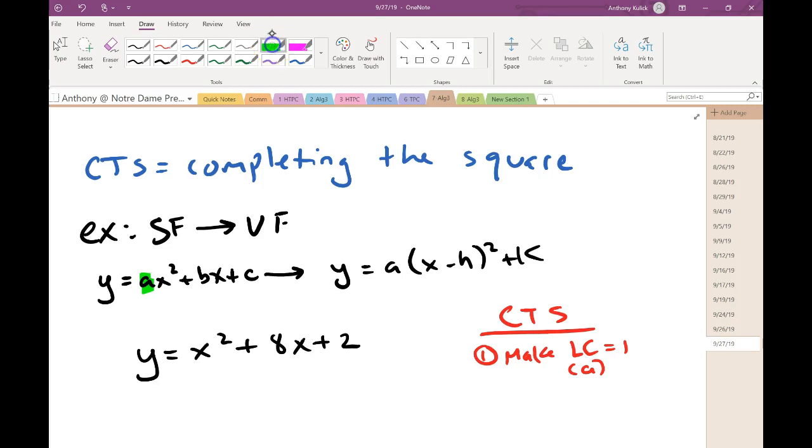So in our situation, what is the leading coefficient here? 1. It's 1. So we're done with step 1. There's nothing to do for us in this particular example.